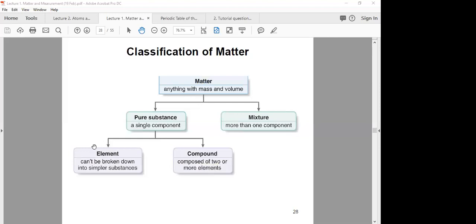Tonight's class, we're going to focus on the elements, with just a brief mention of compounds. Remember, elements cannot be broken down into simpler substances by a chemical change.